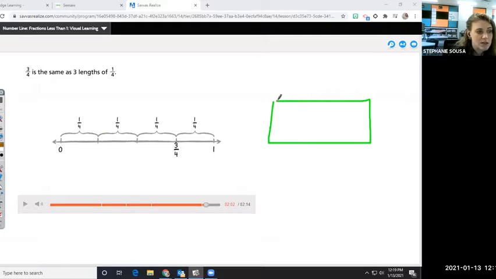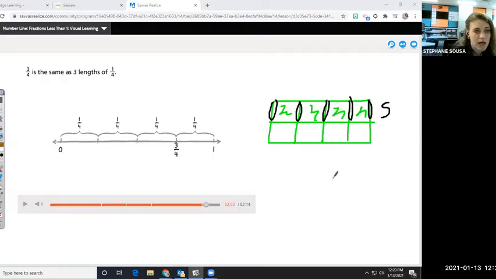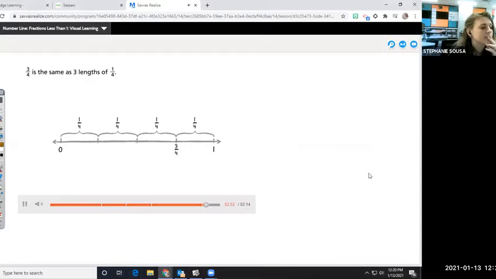For the same reason that when you have a cake that has green frosting on it, you are not going to count the lines and say you have 1, 2, 3, 4, 5 pieces of cake in the top row. No, you don't. You got 4. 1, 2, 3, 4. We do not count the lines. We count the spaces between. Okay? Fourths is the same as 3 lengths of 1/4.